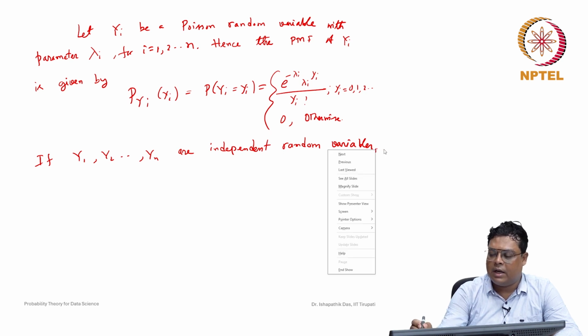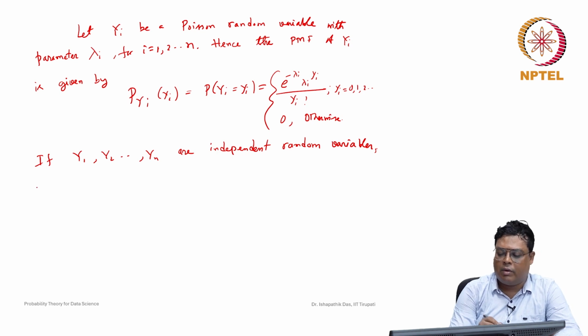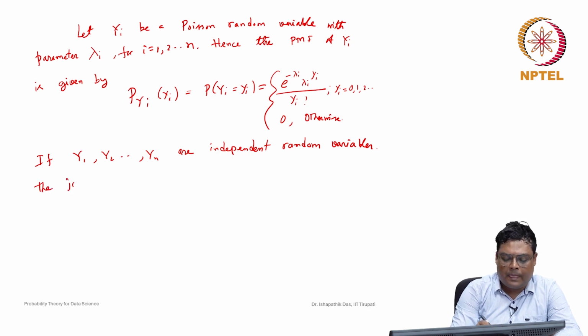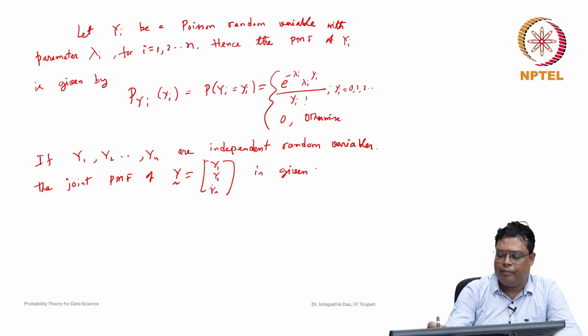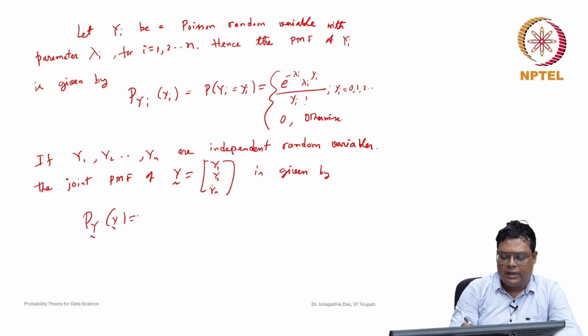With this assumption, the joint probability mass function of the vector y1, y2, ..., yn is given by p of y, and I am again explicitly writing the notation y1, y2, ..., yn.